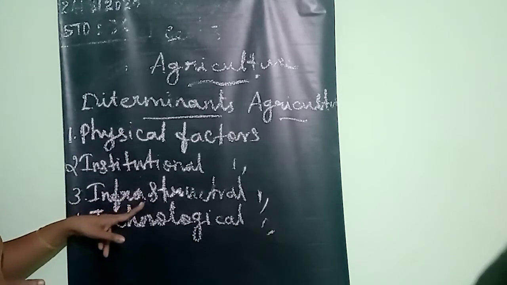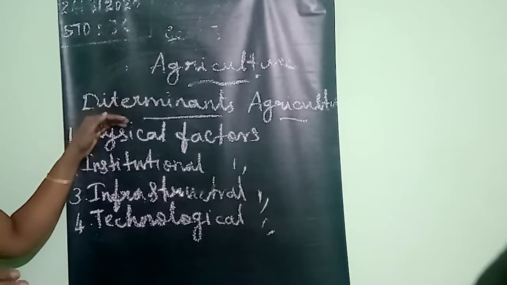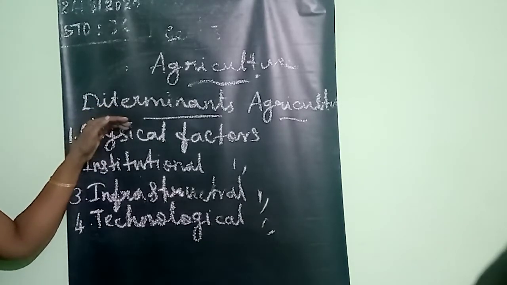Then infrastructural factors are transport, irrigation, market, insurance, storage facilities, etc. Then technological factors are high yielding varieties of seeds, chemical fertilizers, pesticides and some machines, and using modern techniques. These are the determinants of agriculture.